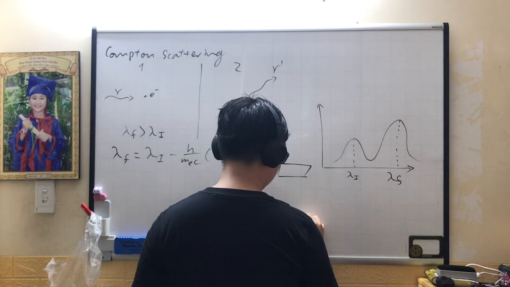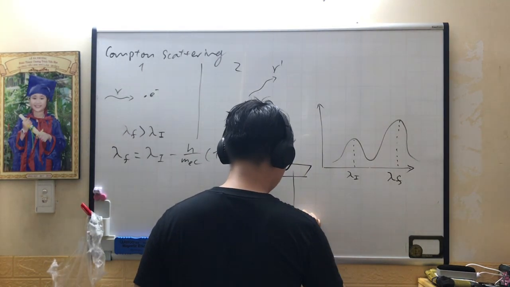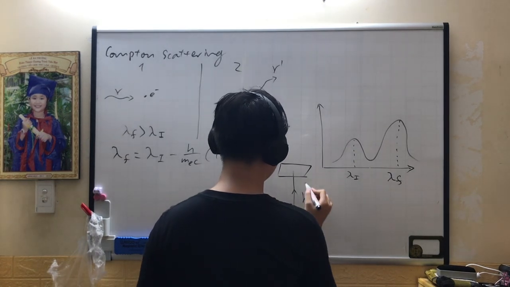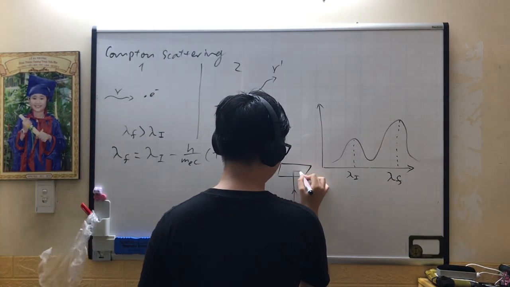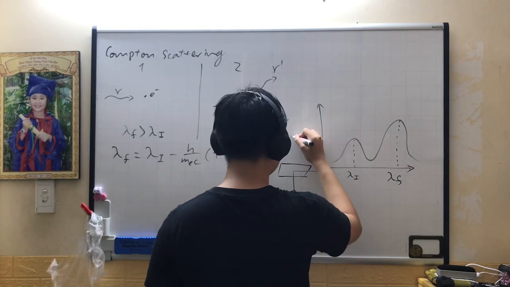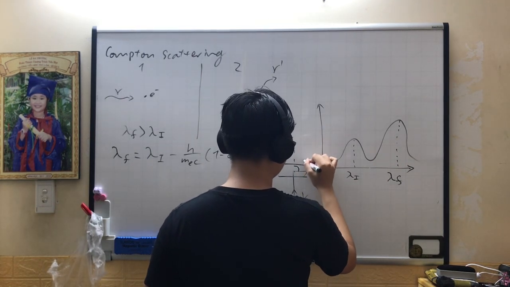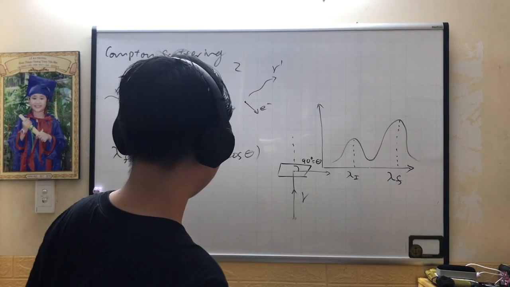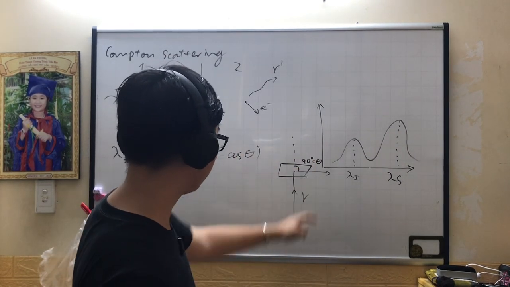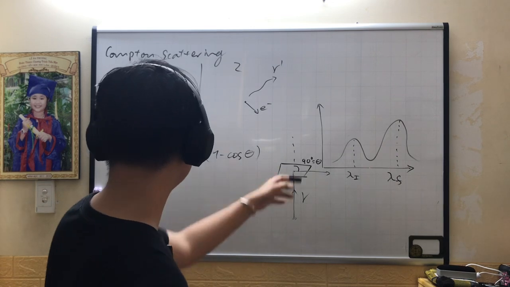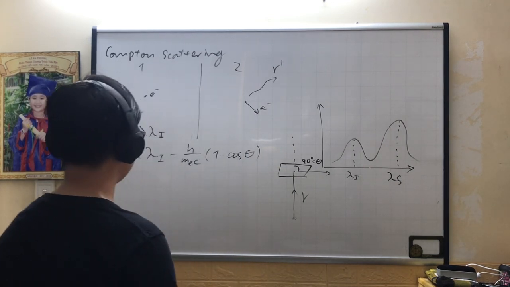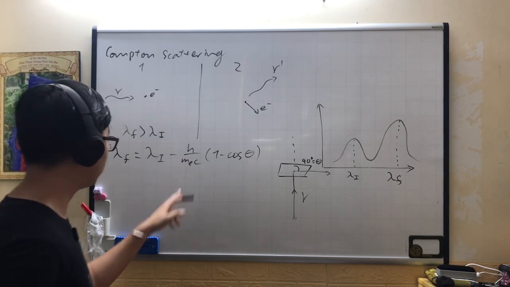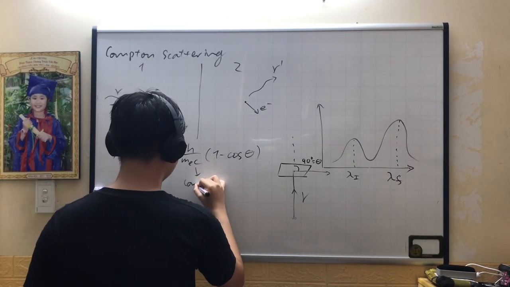So you send in a light beam, and let's say that it bounces off at 90 degrees sharp. Your theta would be 90 degrees. When this is 90 degrees, the shift in the wavelength would be exactly h over m_e c, and this we call the Compton wavelength.